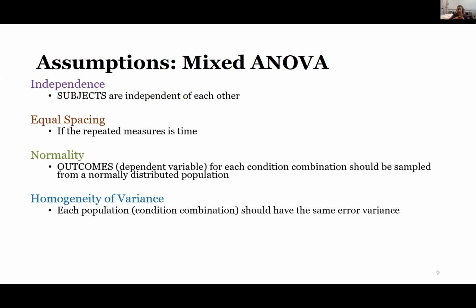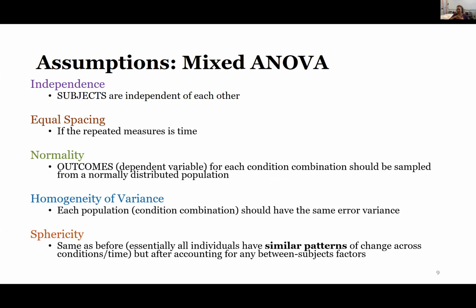So if I'm doing the Stroop test for men and women, I'm going to assume I have the same spread for men for color, men for word, men for color word, female for word, female for color word. All 6 of those sub piles of scores have to have the same spread.